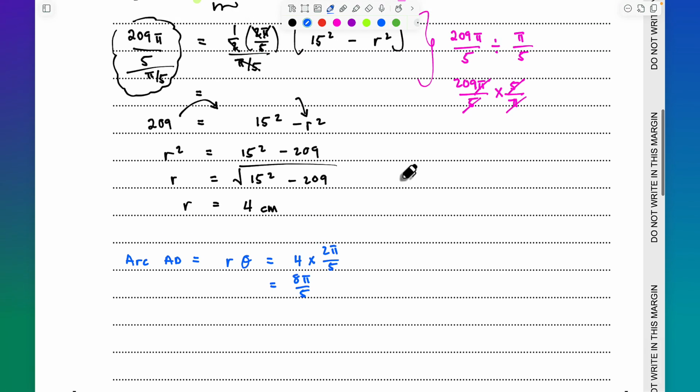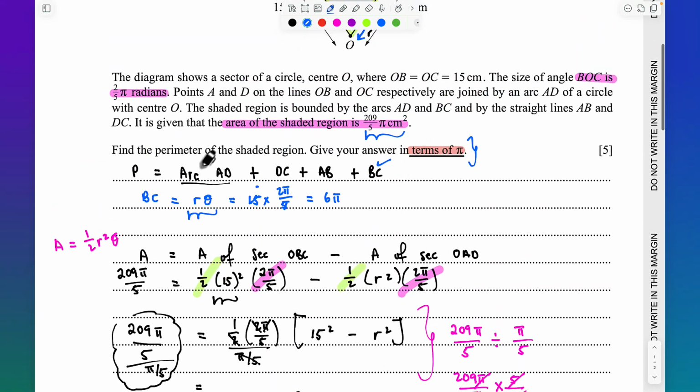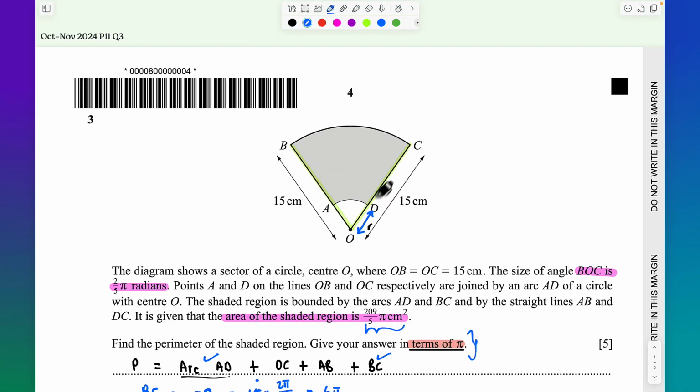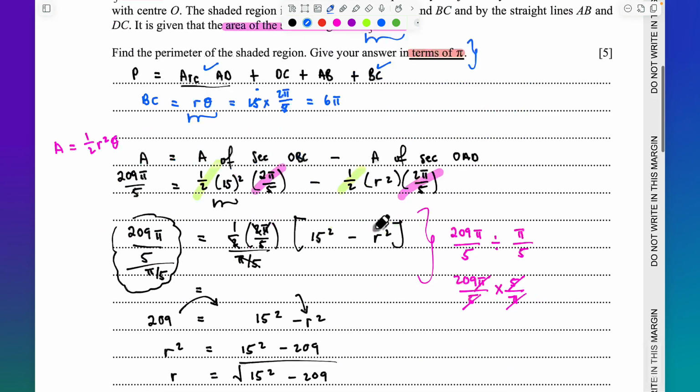Nice. So the next thing we need to get is DC and AB, which are equal, right? So DC and AB are equal because this side, O to C, is 15. O to D, now we know, is 4. So this is the remainder of that distance, which we now know is going to be 15 minus 4, which is going to be 11.